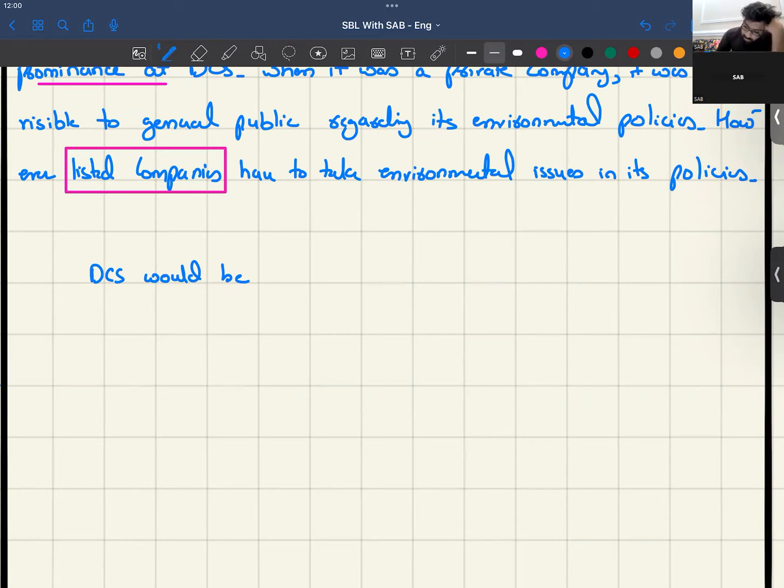So DCS would be having environmental as well as financial stake, right?